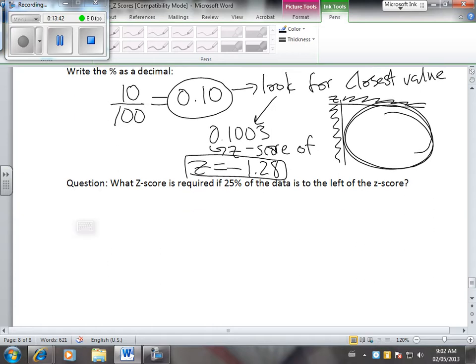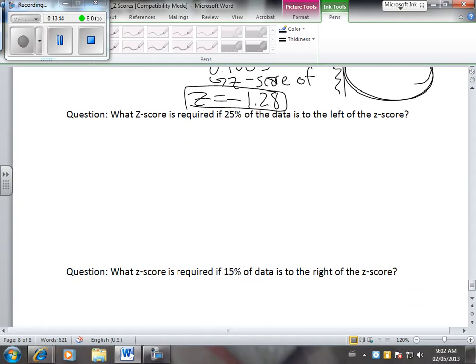Okay. Now if we go down here, what z-score is required if 25% of the data is to the left of the z-score? So again, we want to get into a decimal, so we do 25 divided by 100, and we get 0.25. And look for this, so find the closest value.